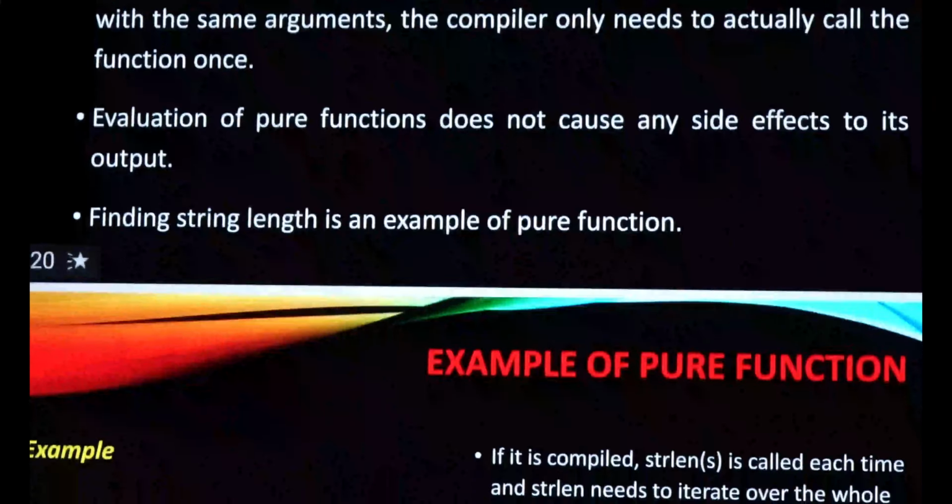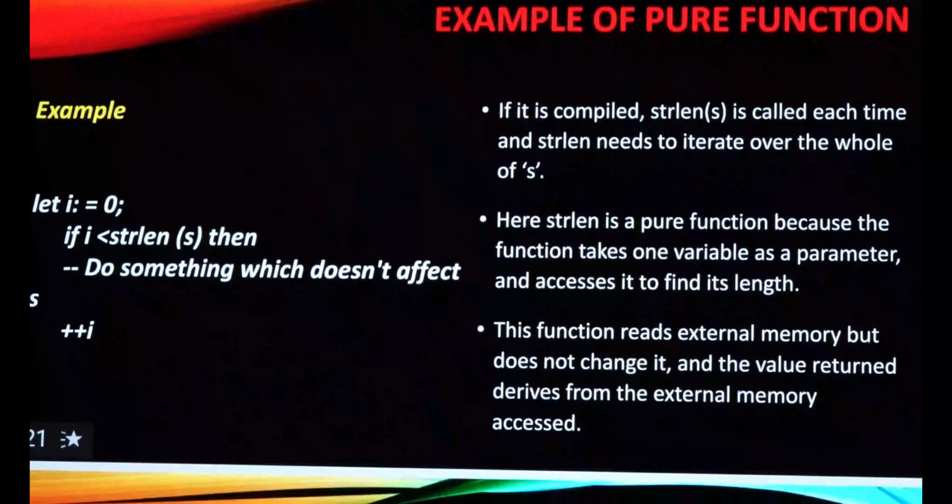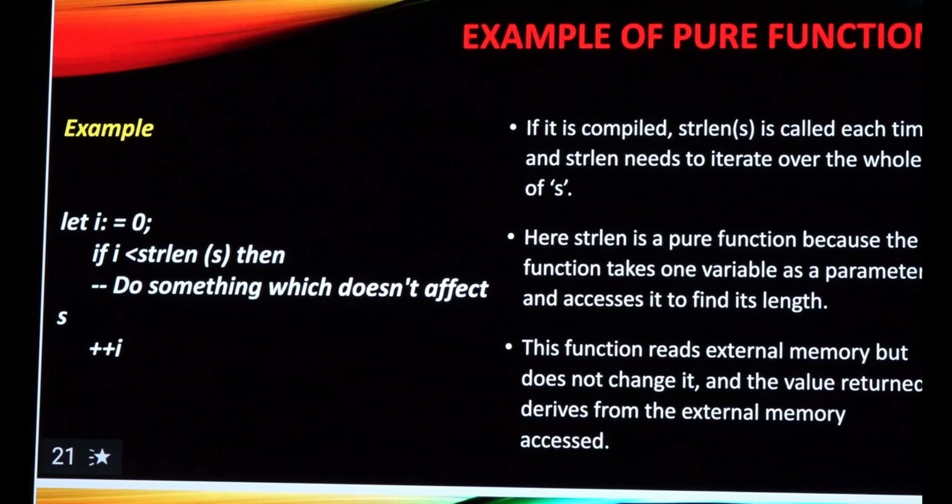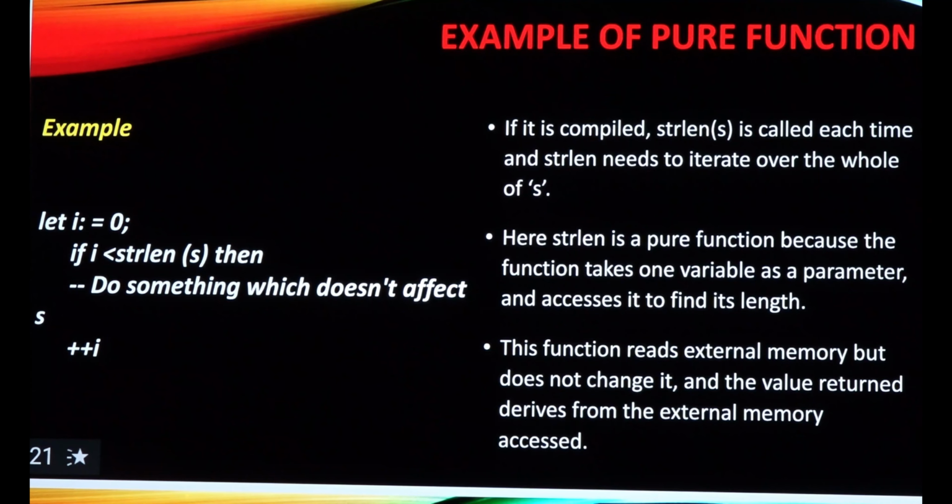Now, example of pure function. Here you see the example: let i equal to 0. If i is less than string length of s, then do something which does not affect s plus i. Example of pure function. If it is compiled, strlen, string length of s is called each time and string length needs to iterate over the whole of s.